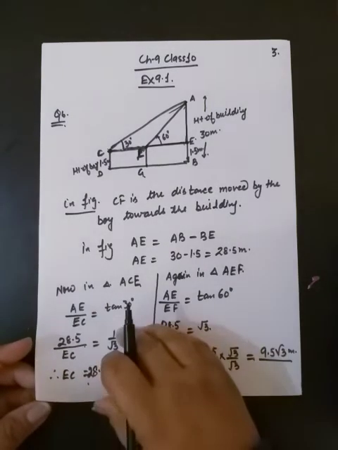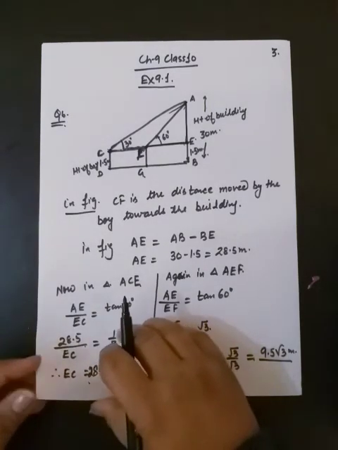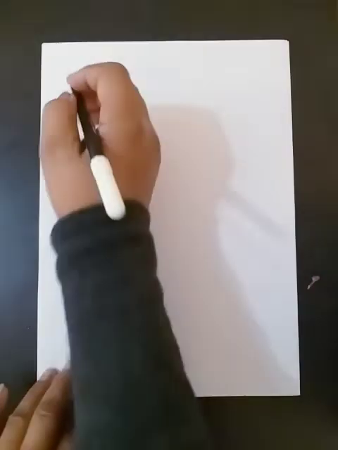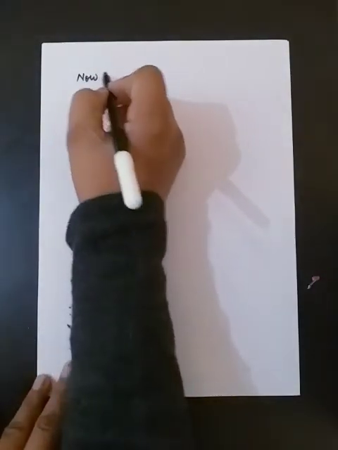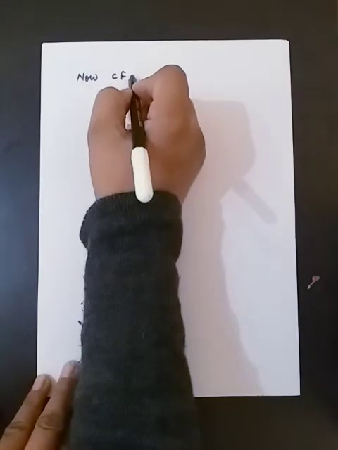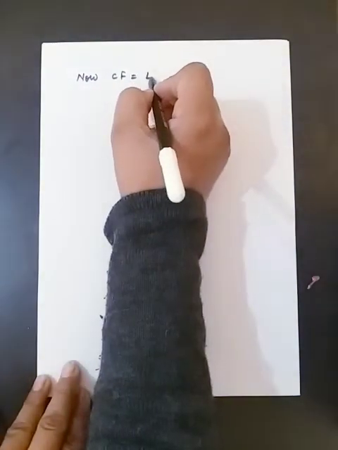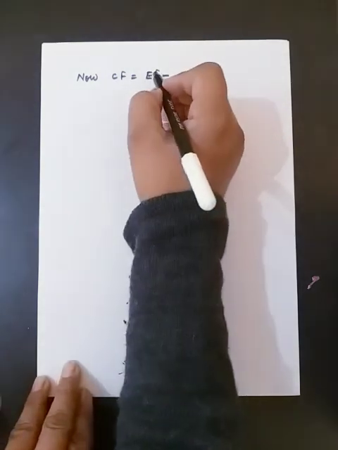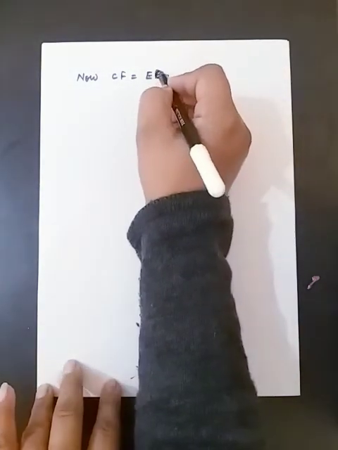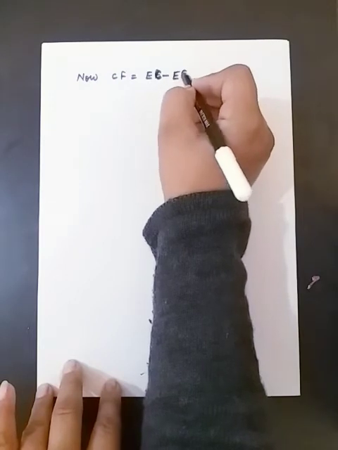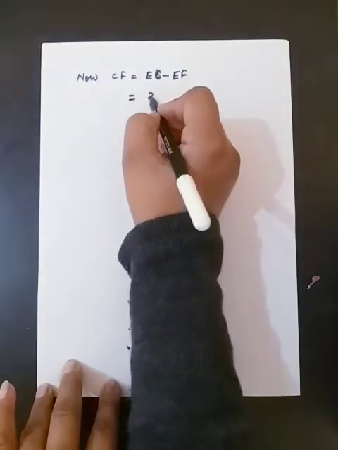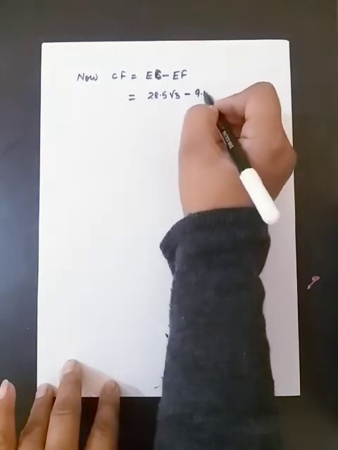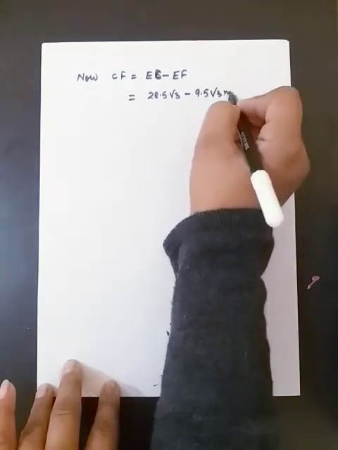Now CF is equal to, sorry, EC minus EF. And EC is 28.5 root 3 minus 9.5 root 3 meter.